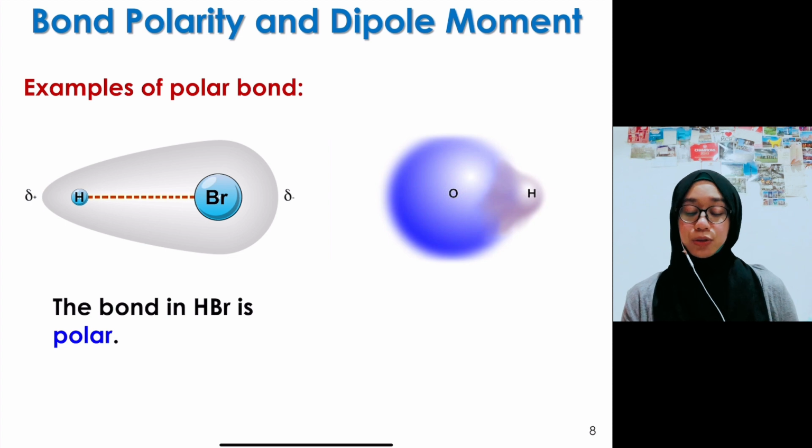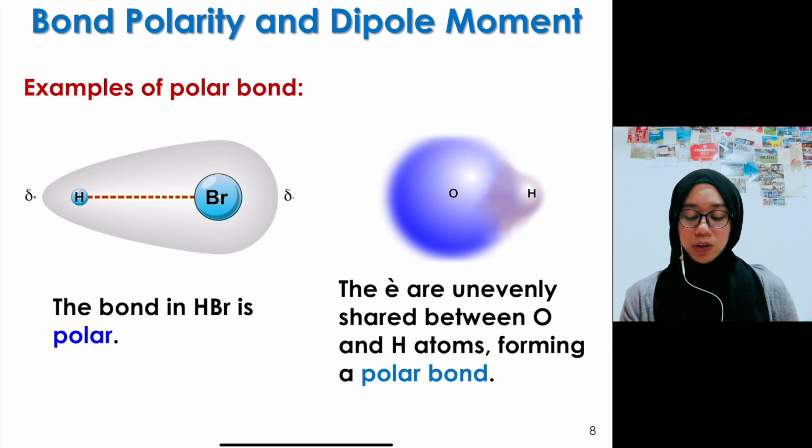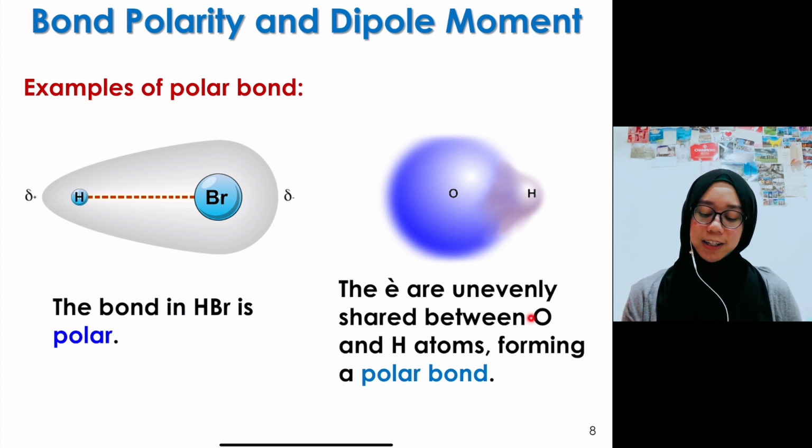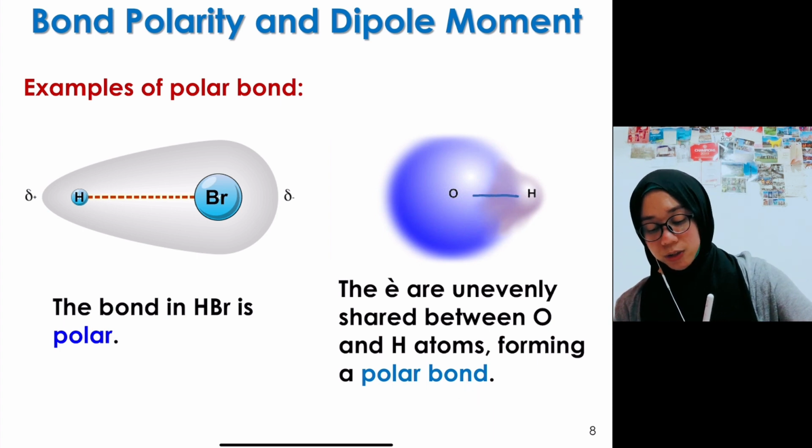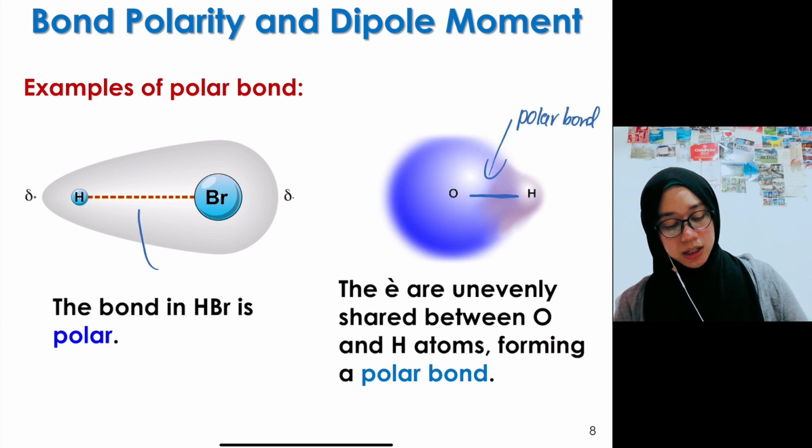Okay, so sama juga in this case. The electrons are unevenly shared between oxygen and hydrogen atoms, so it forms a polar bond. So even this one pun antara hydrogen dengan oxygen, this is what we call a polar bond. Yang ni antara hydrogen dengan bromine pun adalah polar bond.